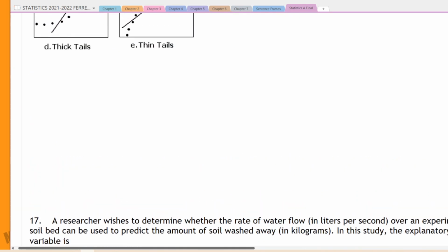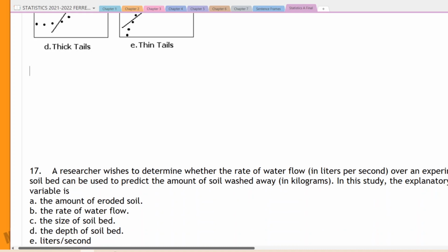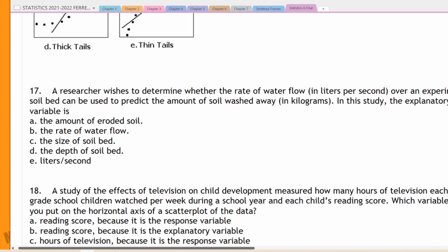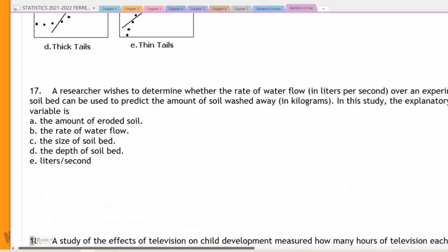Let's look at 17. Sorry if there was a lot of confusion on that one. 17 says a researcher wants to determine if the rate of water flow over an experimental soil bed can be used to predict the amount of soil washed away. So notice that we are predicting the amount of soil washed away, and we're starting with the rate of water flow.